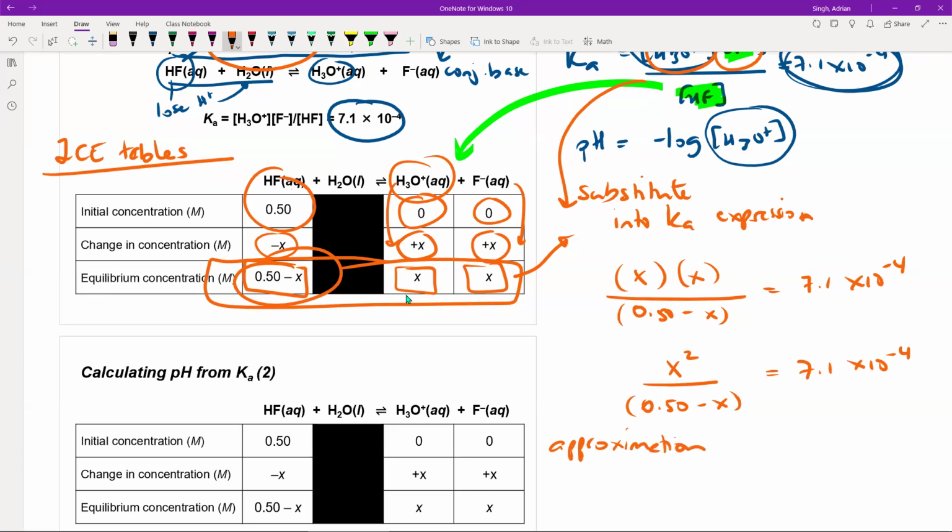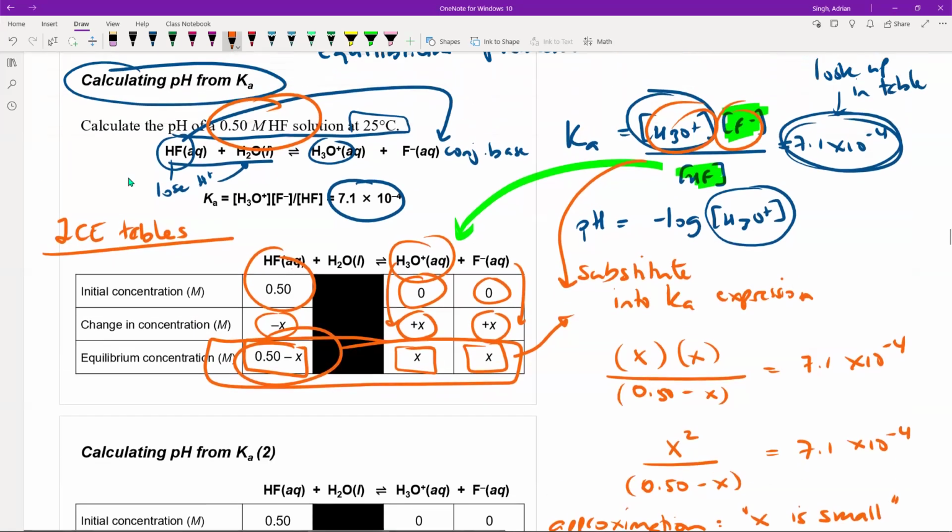The simplification we're going to make is that X is small. X is small because this is inherently a weak acid equilibrium. So even though it's going to dissociate, or ionize, we're not going to get an appreciable amount of the product.